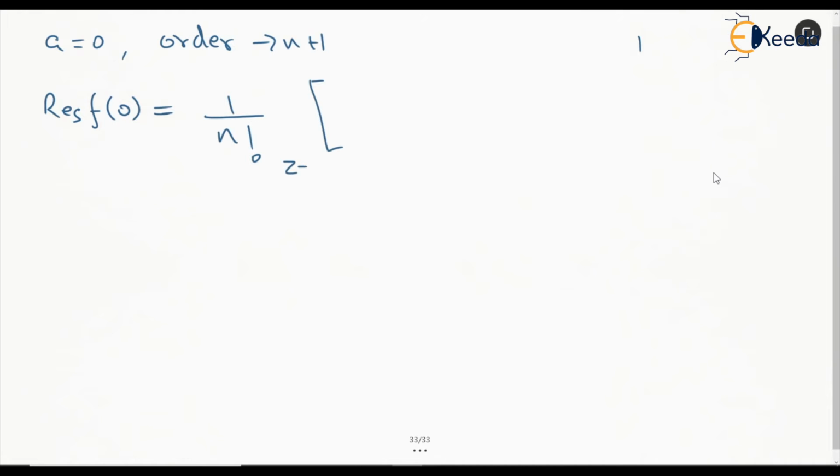z tends to 0, for d to the n by dz to the n of z minus 0, so I'll directly write it as z to the power of n plus 1, into the function 1 by z to the power of n plus 1.